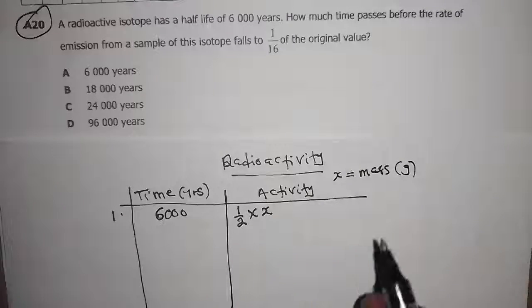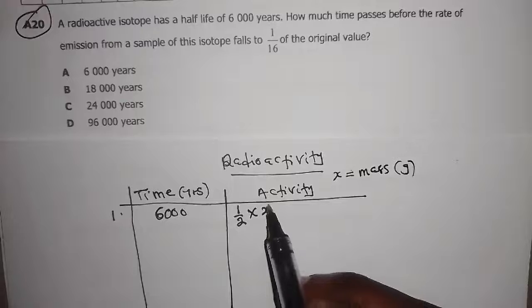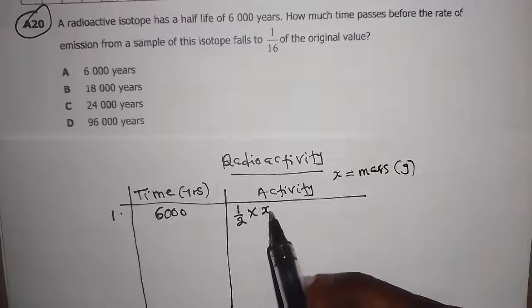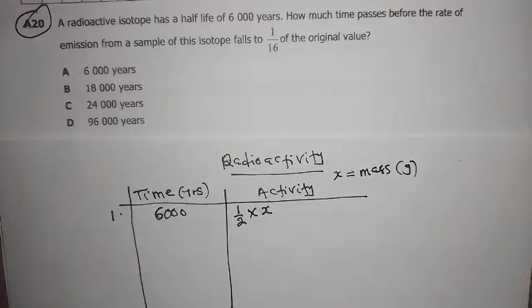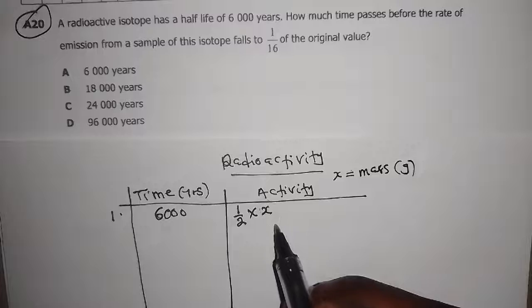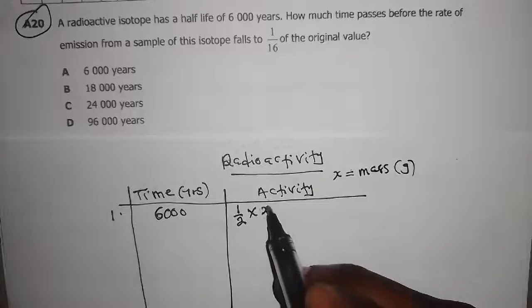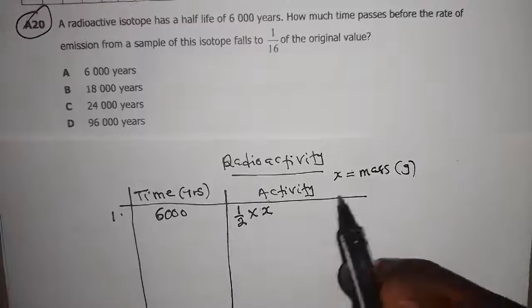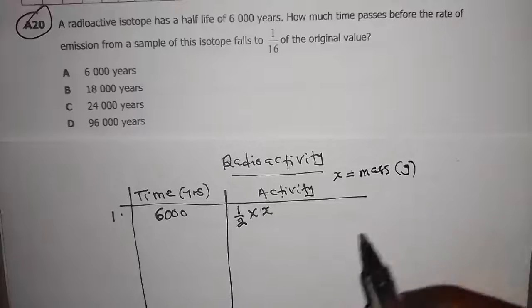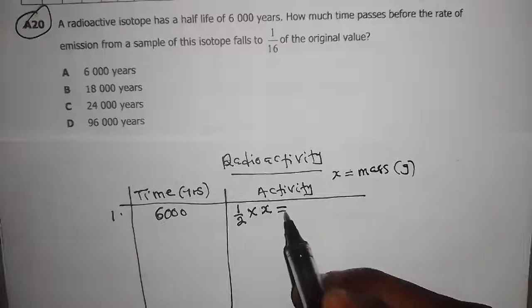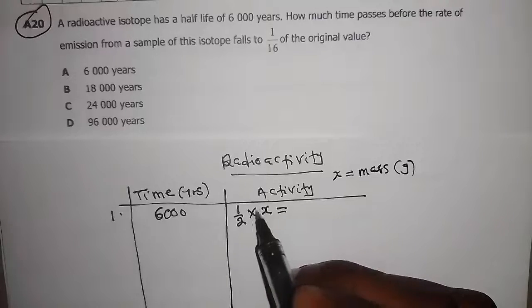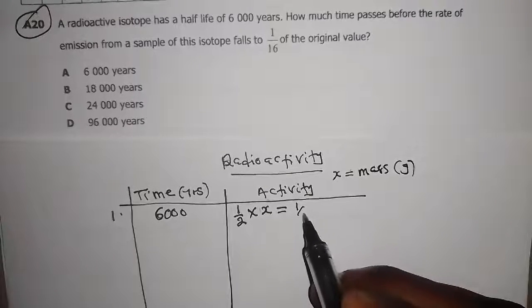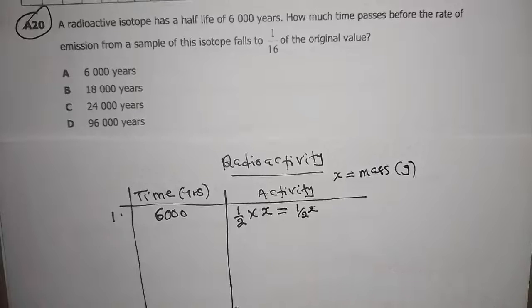But since we don't have anything to do with the mass, this is what is reducing or disintegrating, breaking down into other simpler masses. So you have 1 over 2 times the original value x, which is just 1 over 2x.